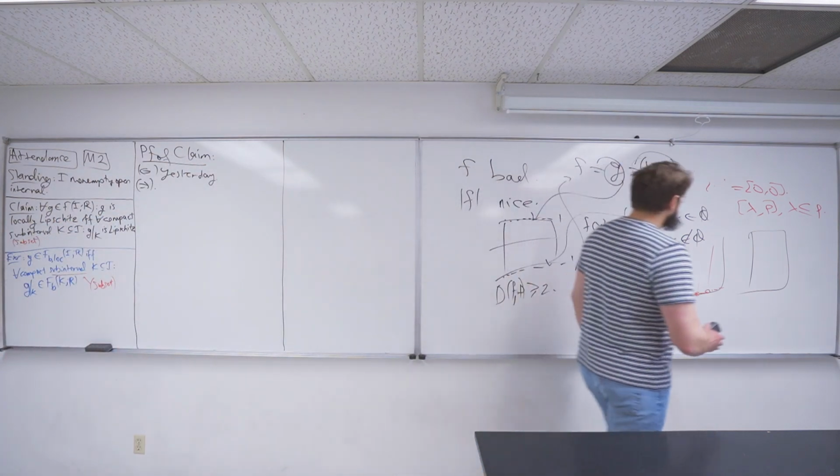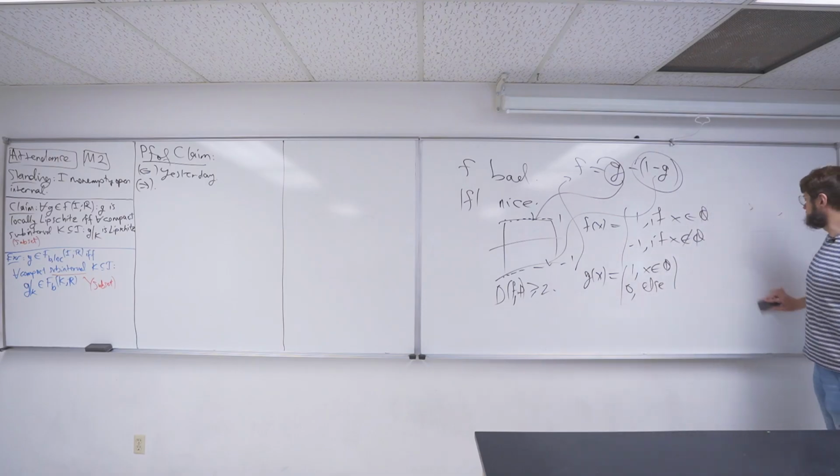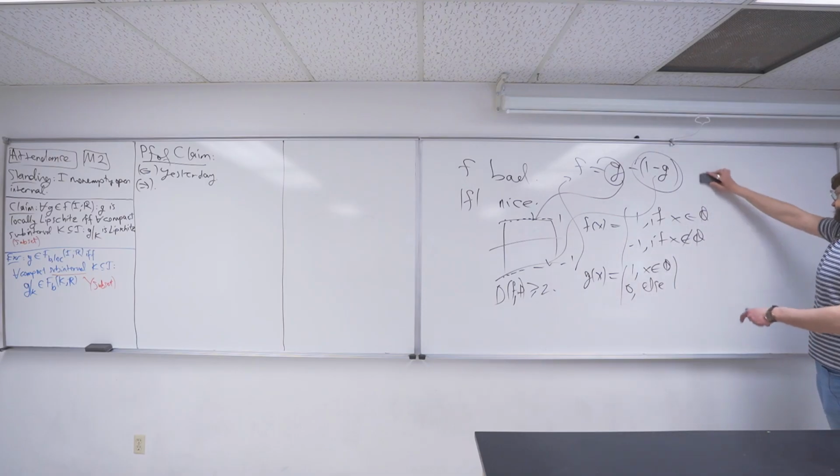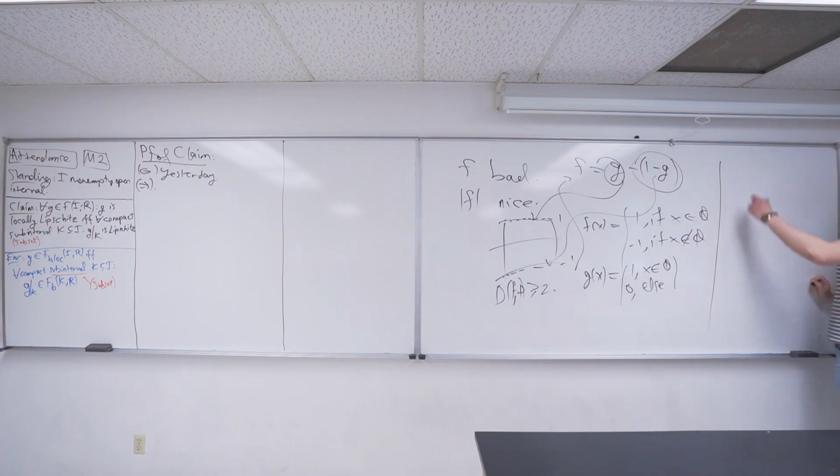I'll do it here. So we were given that f and g are two functions. And we're just looking at differentiability at 0. We're assuming that both of these are differentiable at 0.